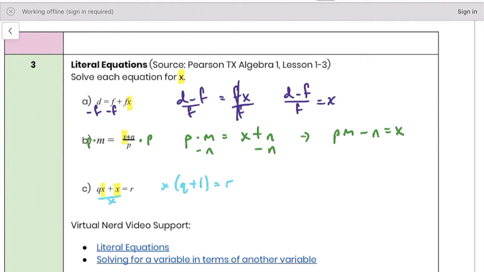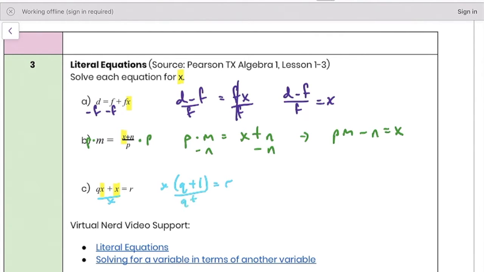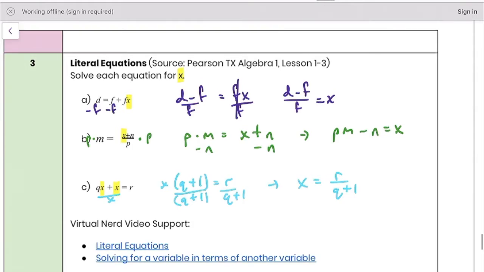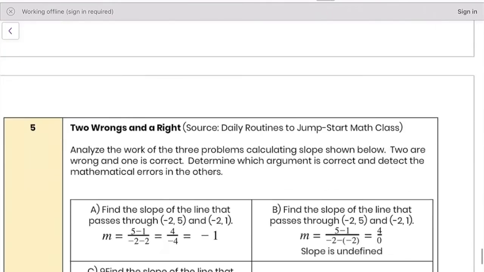Okay, so I took out the x, and then I am dividing both sides by q plus 1, and keeping that together, divided by q plus 1. So that I have x is equal to r divided by q plus 1. That was real tricky.